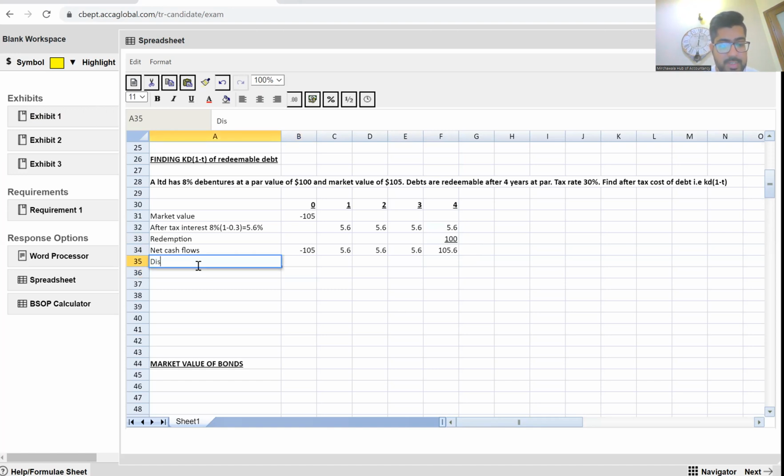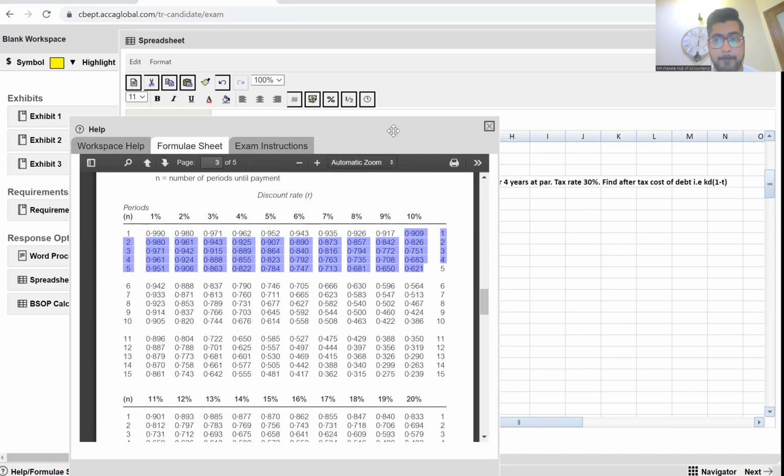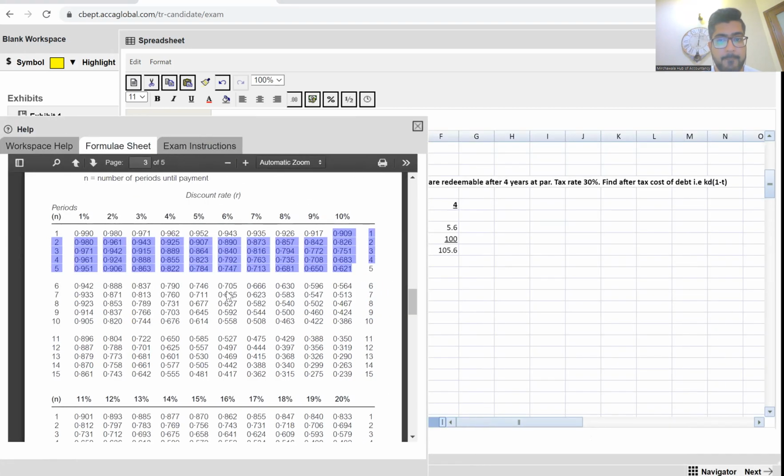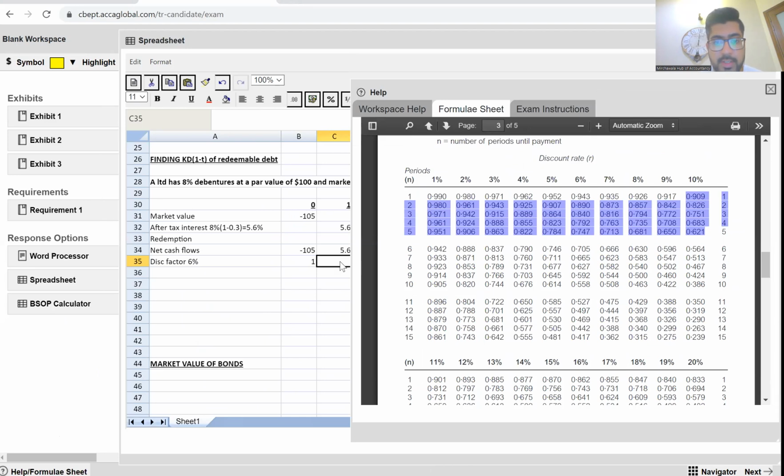Now you multiply it with the discount factor. Let's suppose it's 5.6%. You take 6% as the discount factor. So the factor is 1, and then I will copy from the table the 6% factors. For 6%, you can see 0.943, 0.890, 0.840, and 0.792.